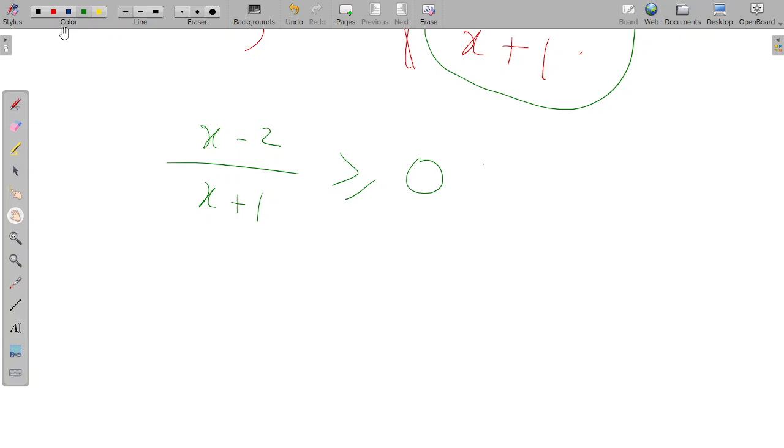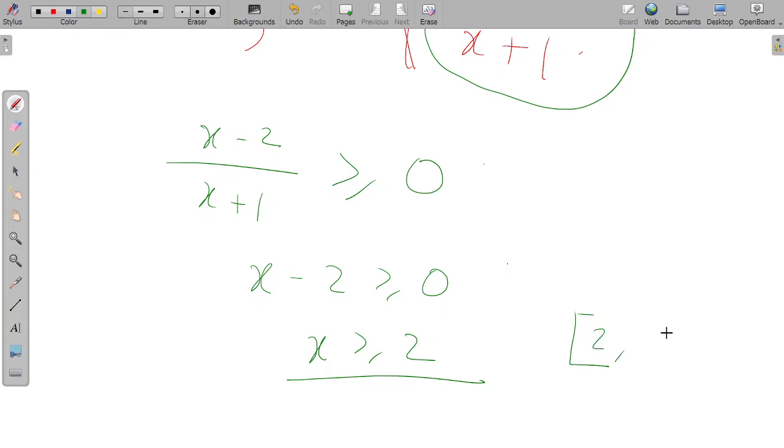If you want to solve that, you multiply both sides by the denominator. Then you get x minus 2 greater than or equal to 0, so x is greater than or equal to 2. So we have this part, which is from 2 to positive infinity. But don't forget we have a denominator, and anytime we have a denominator, it must not be 0.